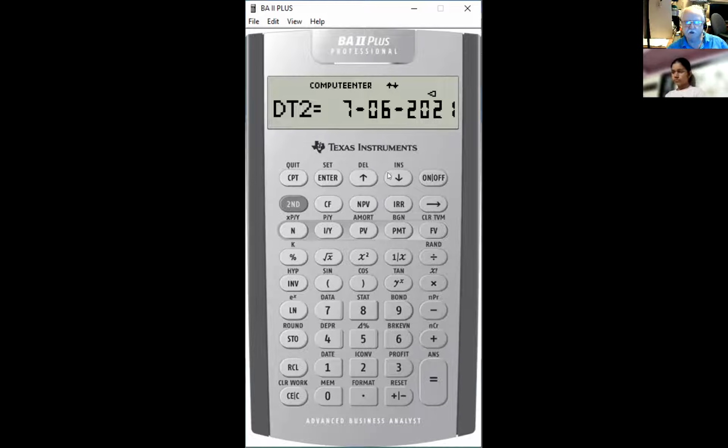So I did enter and I go down and now it says DBD, but it hasn't done anything yet. I've got to go compute. What it's telling me is that between those 2 dates is 152 days. On one of the formula sheets, you have a little example of how to do days between dates on the calculator, but that's how we would do it.